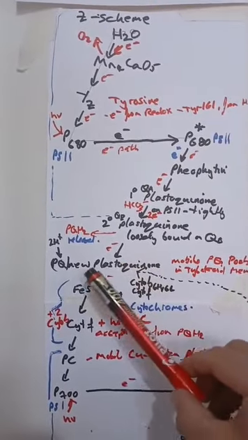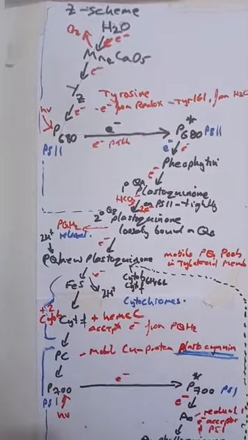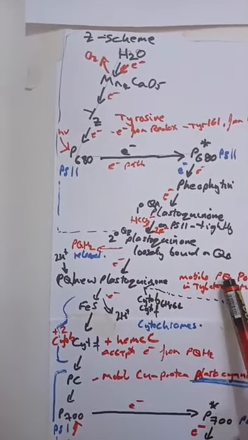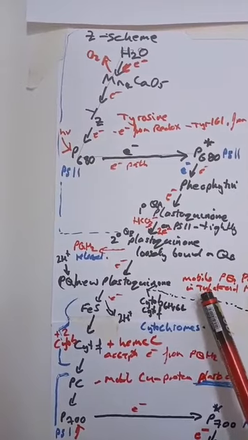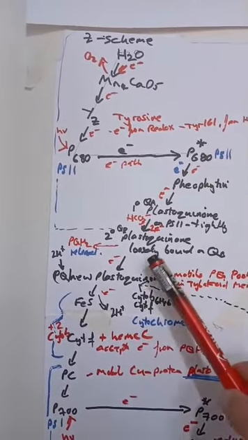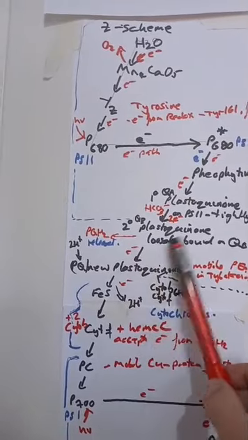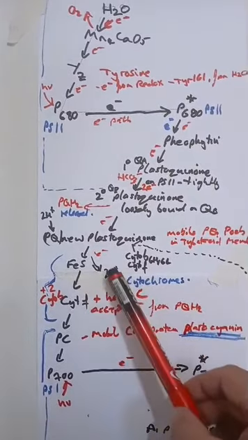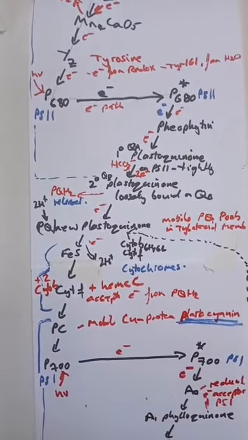Electrons are further passed on to a new plastoquinone. This comes from a mobile plastoquinone pool, which is in the thylakoid membranes. So the electrons then pass from the new plastoquinone onto an iron sulfur complex, where 2 hydrogens are released.